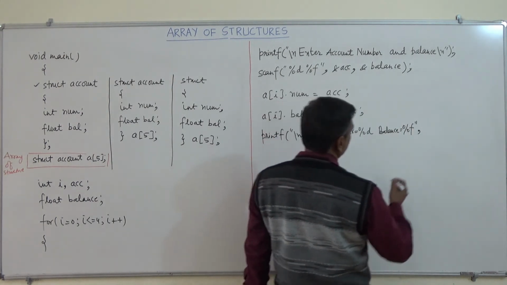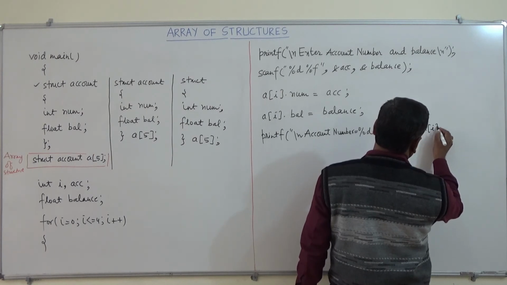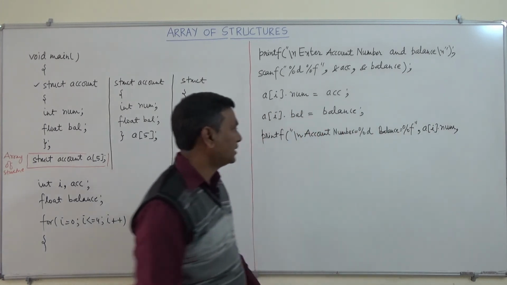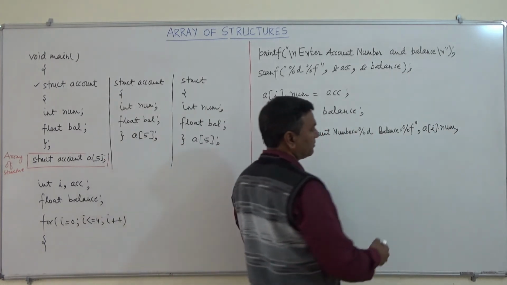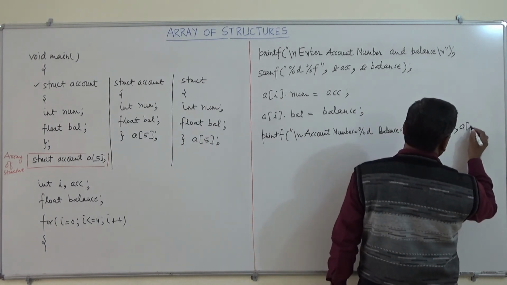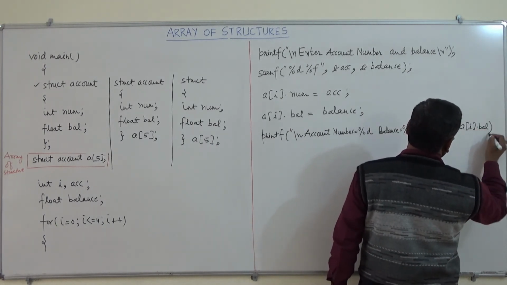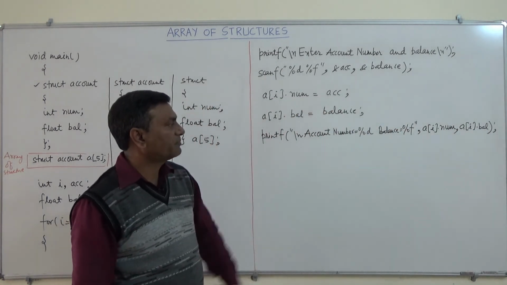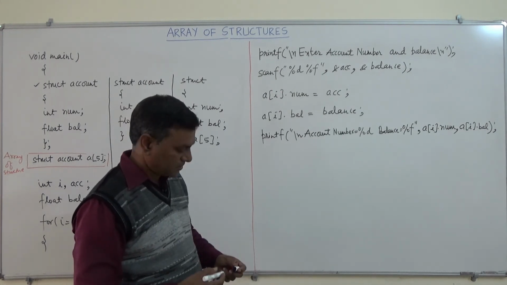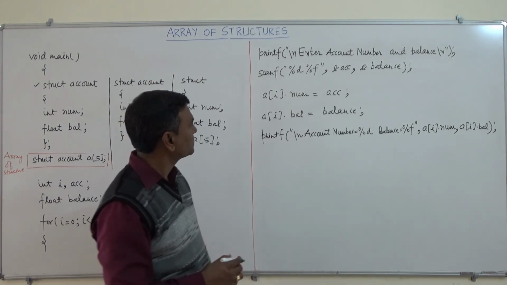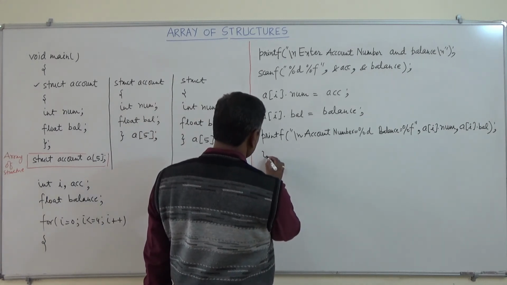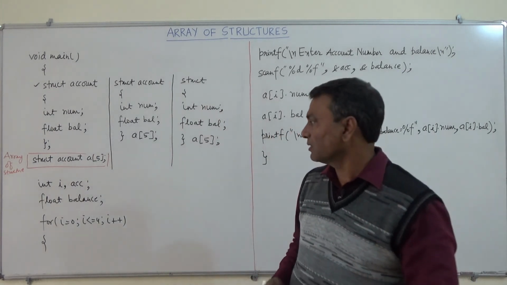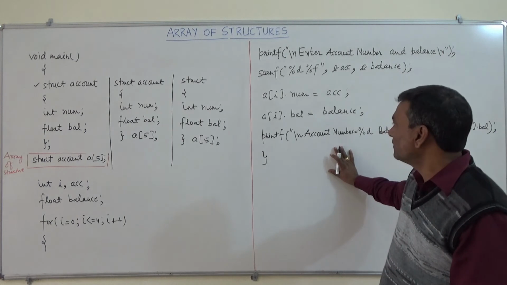Here we will retrieve these two values. So this will be a[i].num, and the second value will be a[i].balance. And we close it here like this. In this way we can print these values.